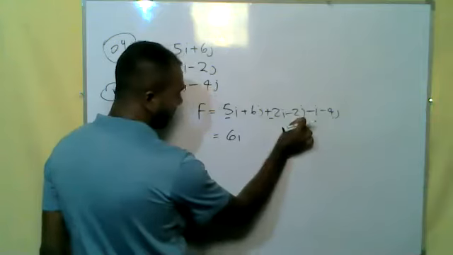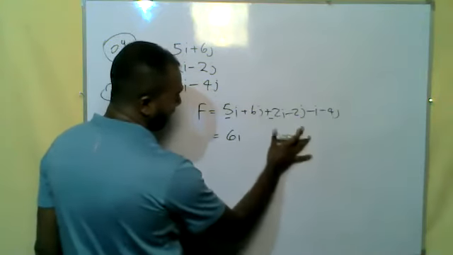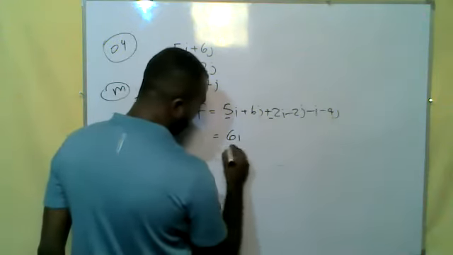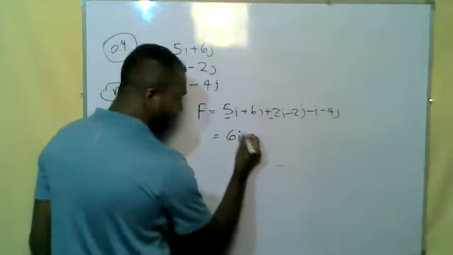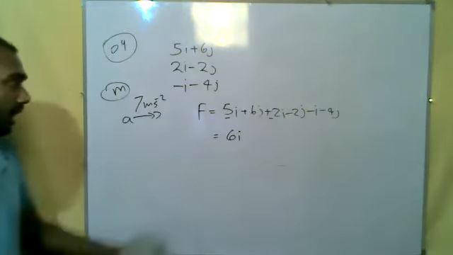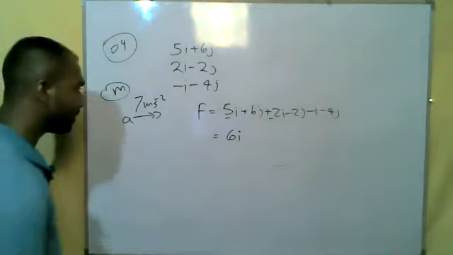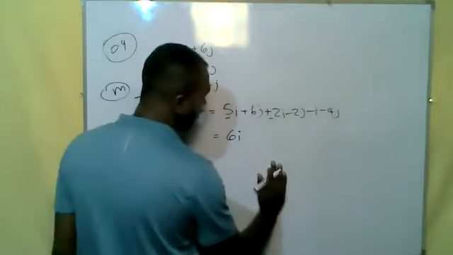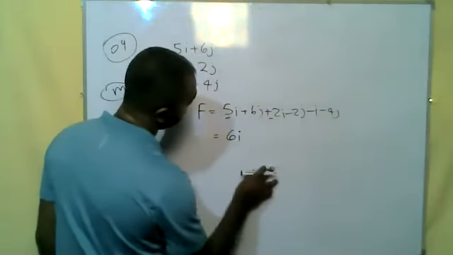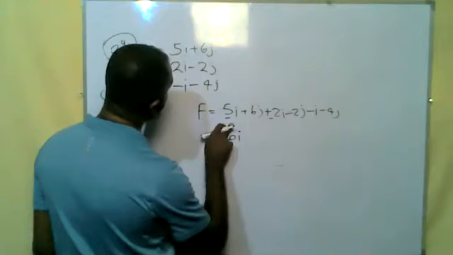The j components: 6, minus 2, minus 4, and that gives 0. So the resultant force is 6i only. There is no need to write 0j, and even if you write it, it will not make a big difference. Is that the same as what you are getting?